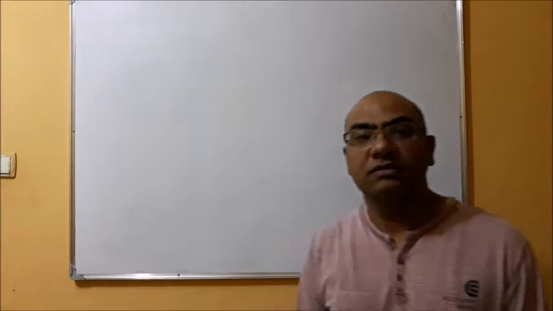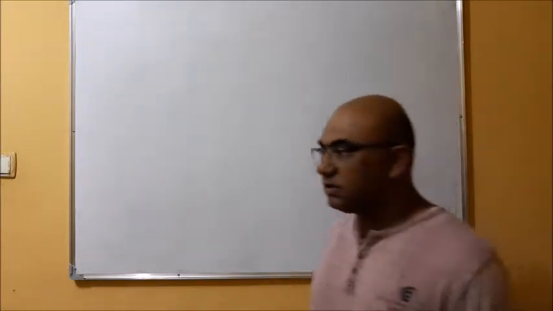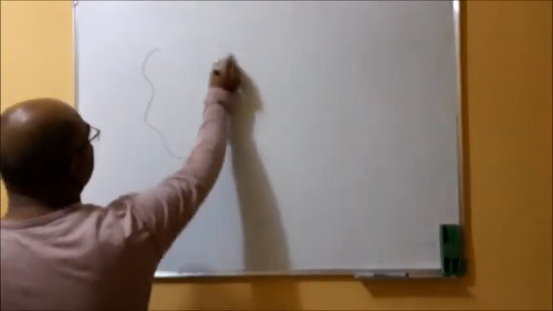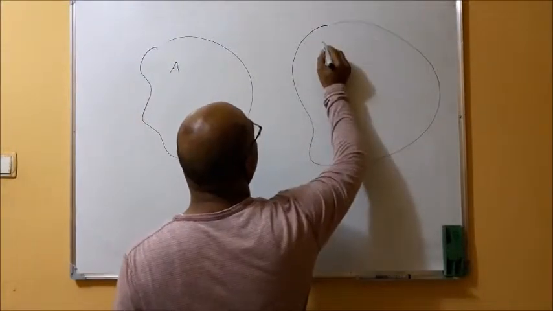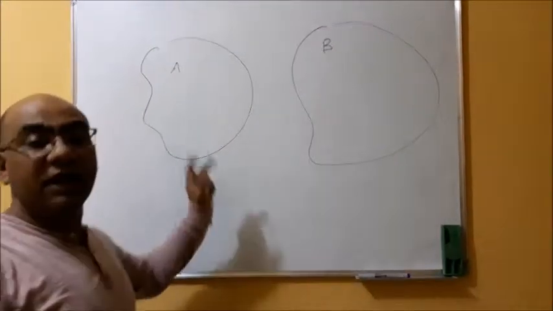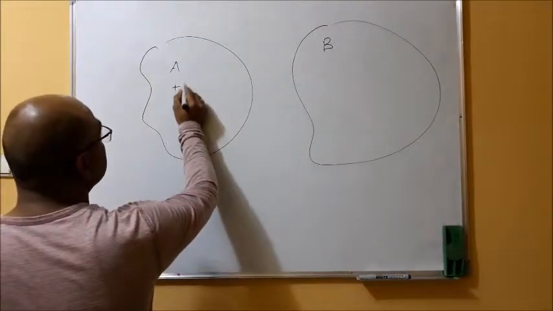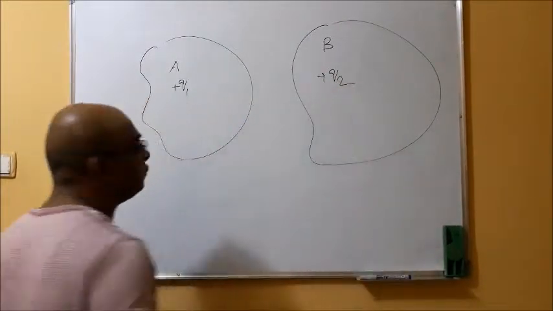To begin with the concept of capacitor and capacitance, let us say we have a conductor A and a conductor B, right? Suppose we have two conductors and the charge on the first conductor is Q1 while the charge on the second conductor is Q2.